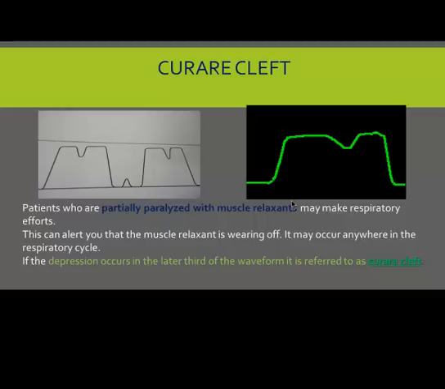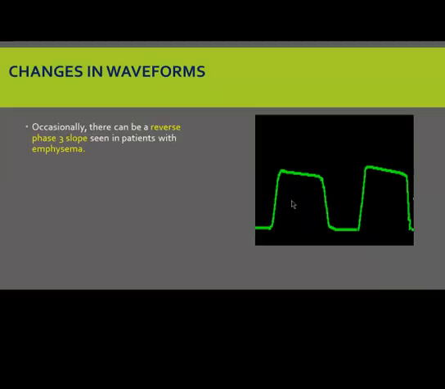If you notice on this waveform, it's got this guy right here, so this is where he tried to take a partial breath. You do not need to let this go on for a long time, because if those paralytics are starting to show signs that they are wearing off, they're only going to continue to wear off. All right.